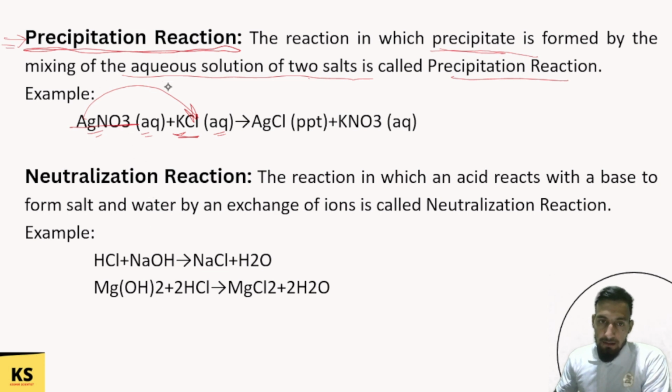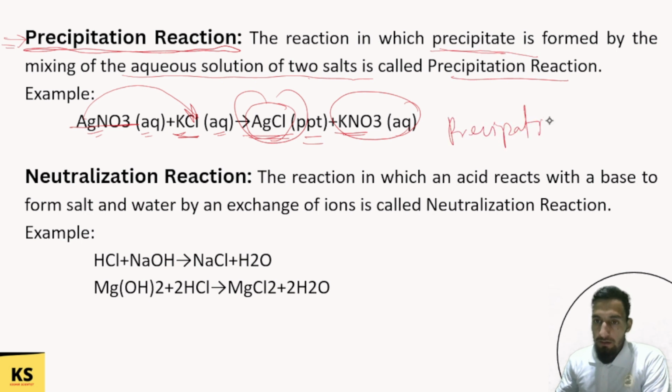When they react with one another, there is formation of a precipitate, and that precipitate is silver chloride, and KNO3 in aqueous form. These are the two compounds that we get. Due to this formation of precipitate, we call this a precipitation reaction.